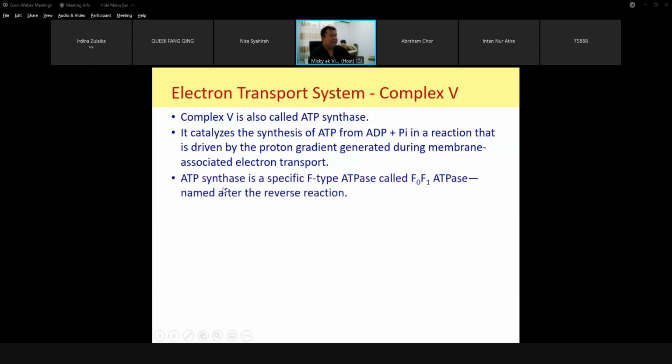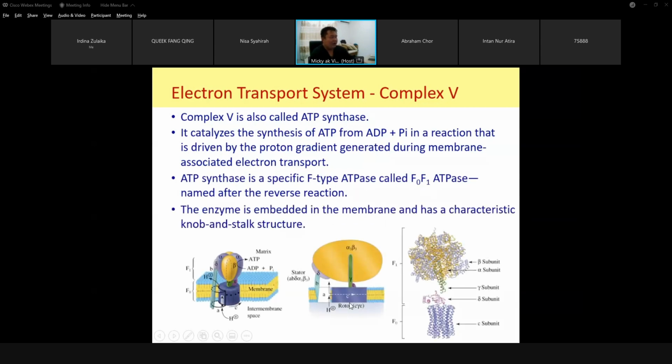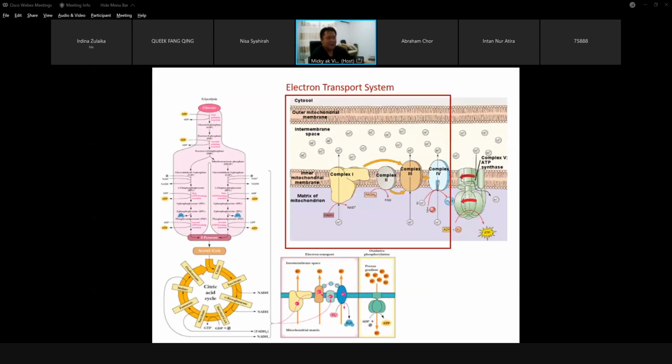So ATP synthase is a specific F-type ATPase, called F0, F1 ATPase. If we look at its shape, it varies. Usually at your level, in your matriculation or in your Form 5 or Form 6, you will see the ATPase drawn like this, in the shape of a knob and a stalk. We call it knob and stalk.